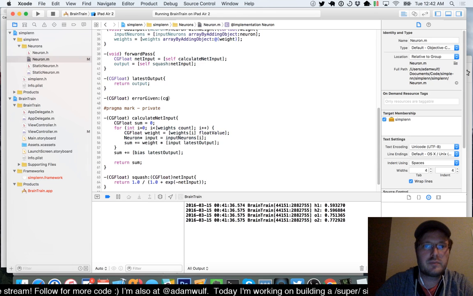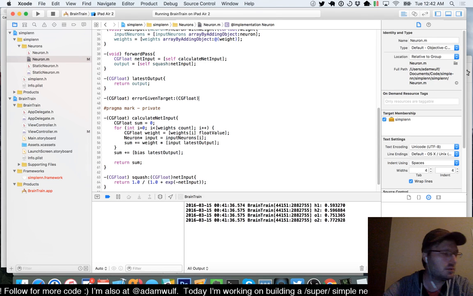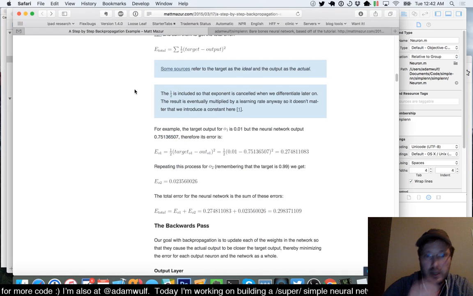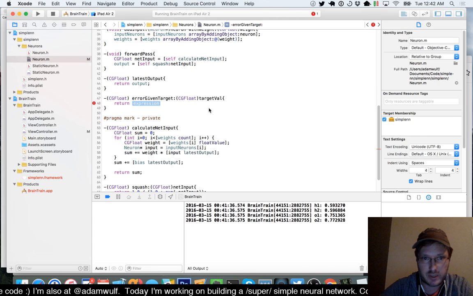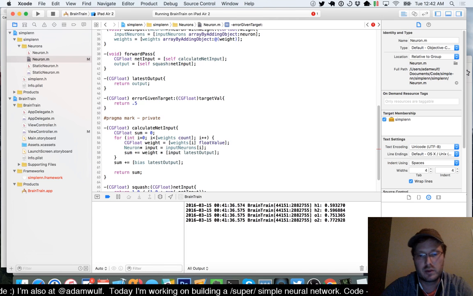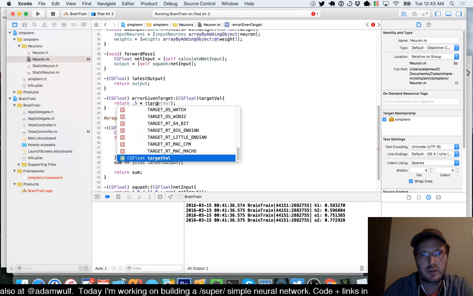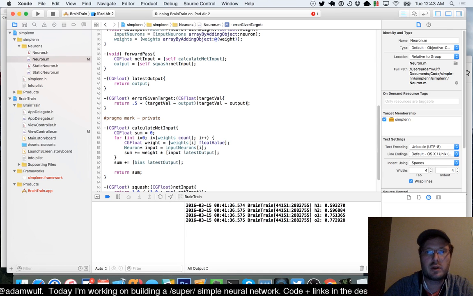Error given target, right? Target value. And so then that formula was 1/2 of target minus output, squared.